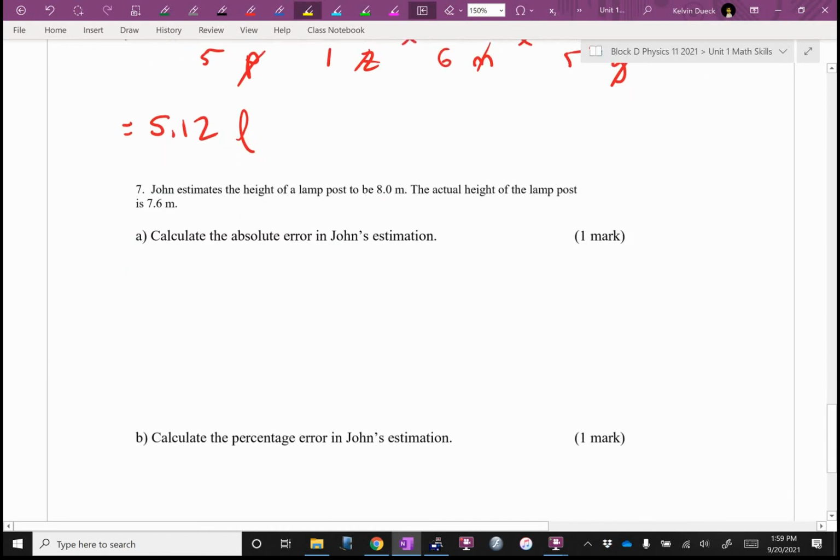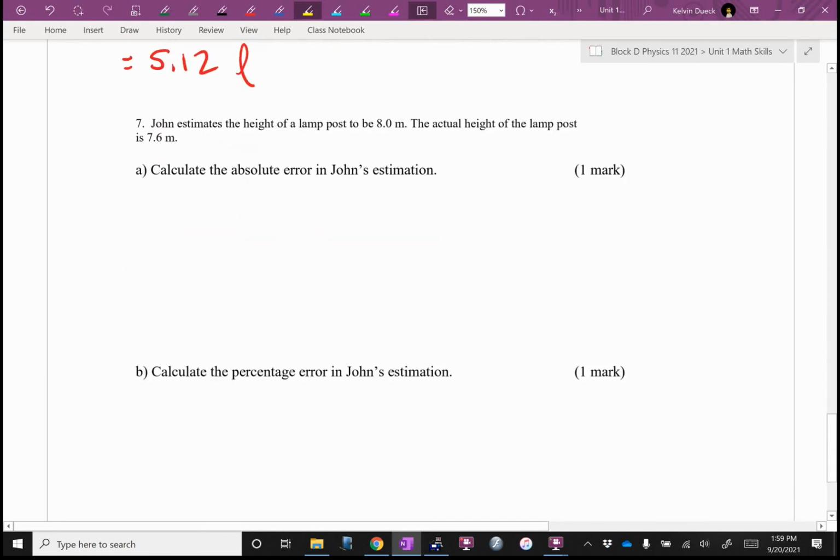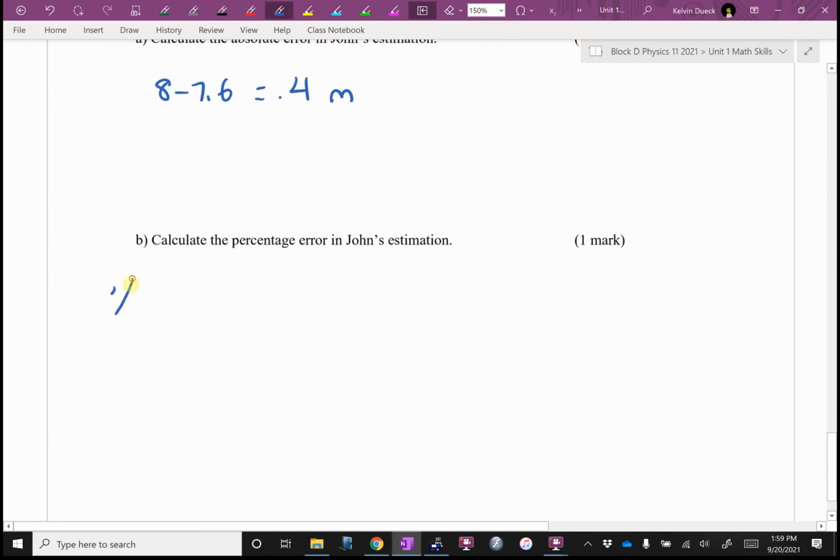John estimates the height of a lamppost to be 8 meters. The actual height, well, absolute error is going to be 8 minus 7.6. It's going to be 0.4 meters. Percentage error is going to be 0.4 divided by which one? The correct value, which in this case is 7.6, and then turn it into a percentage.